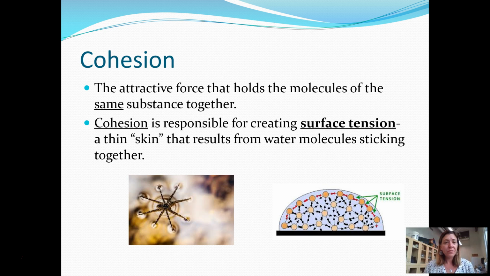Cohesion is what allows substances to withstand rupture when they're placed under stress because the molecules are held together. Because water molecules are held together with hydrogen bonds, they are held together at what we call the liquid gas interface.